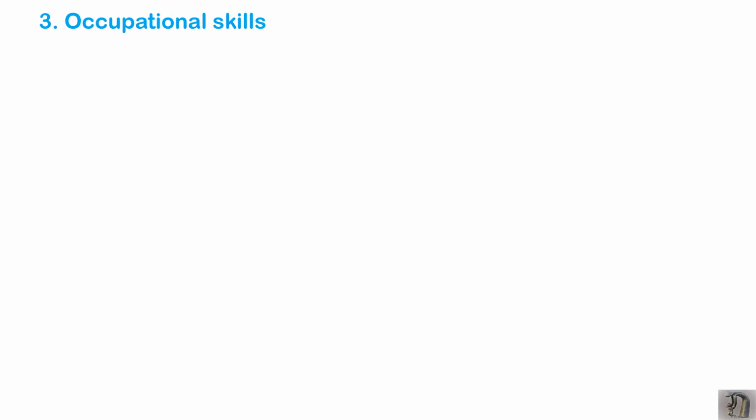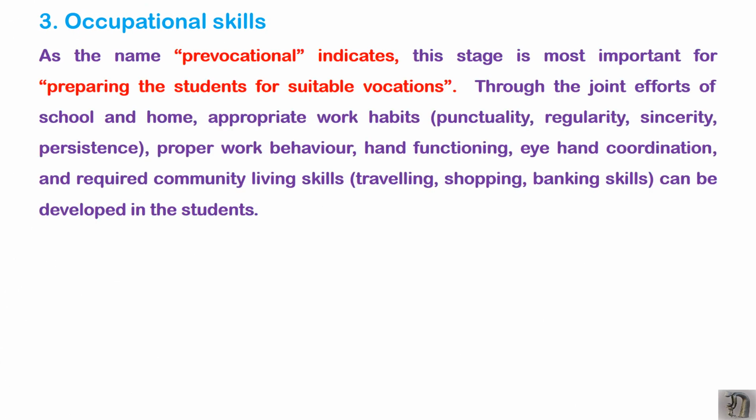Now let us move to the vocational skills. As the name pre-vocational indicates, this stage is most important for preparing the students for a suitable vocation, job, or trade. Through the joint effort of school and home, the child can develop work habits and good vocational skills.